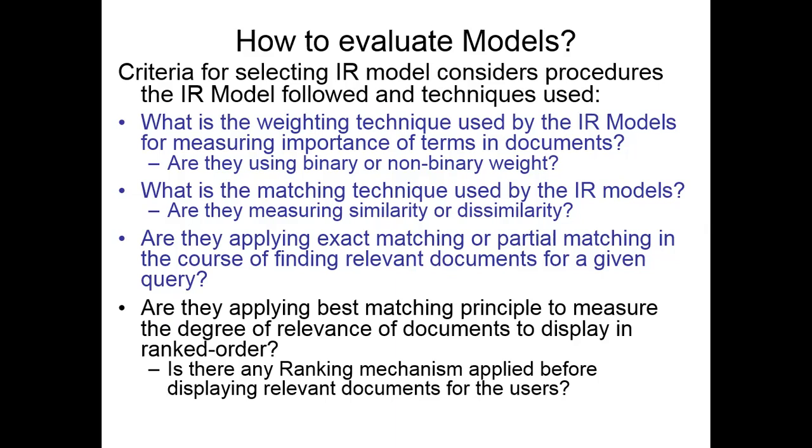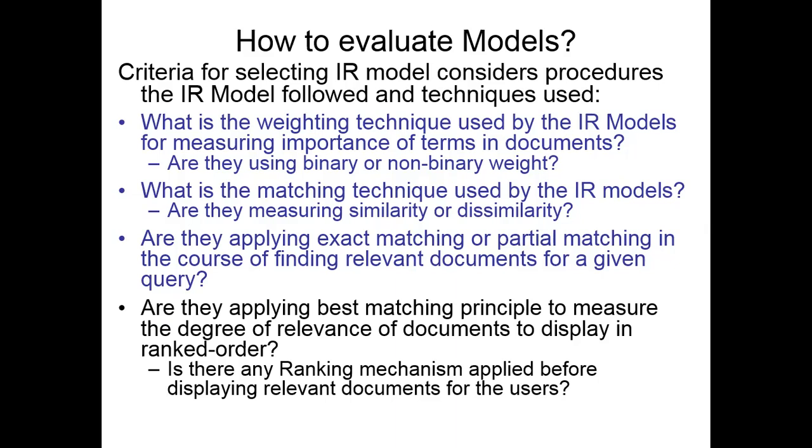Those documents which contain all the query terms get a better similarity score than those documents containing one query term. Accordingly, which documents are more relevant? The ones containing all query terms as compared to those containing few of the query terms.